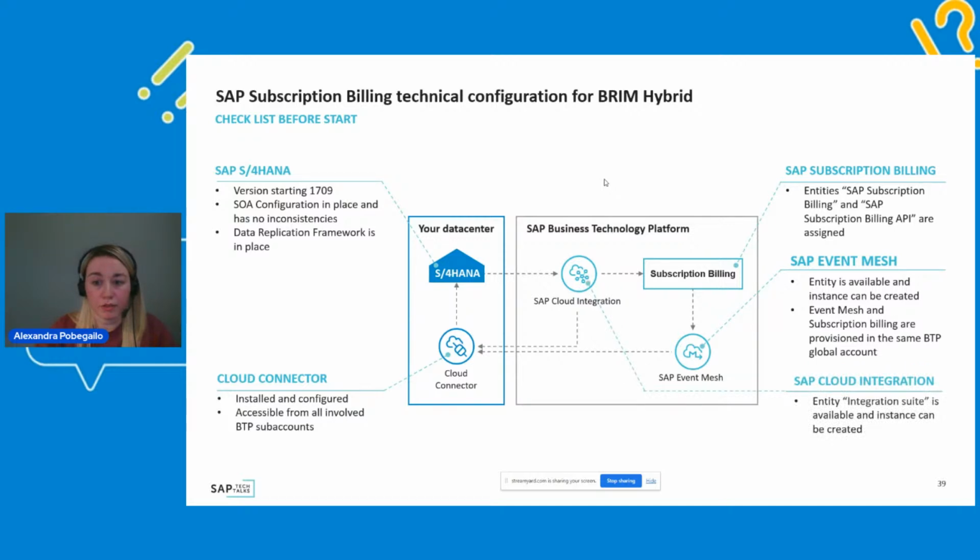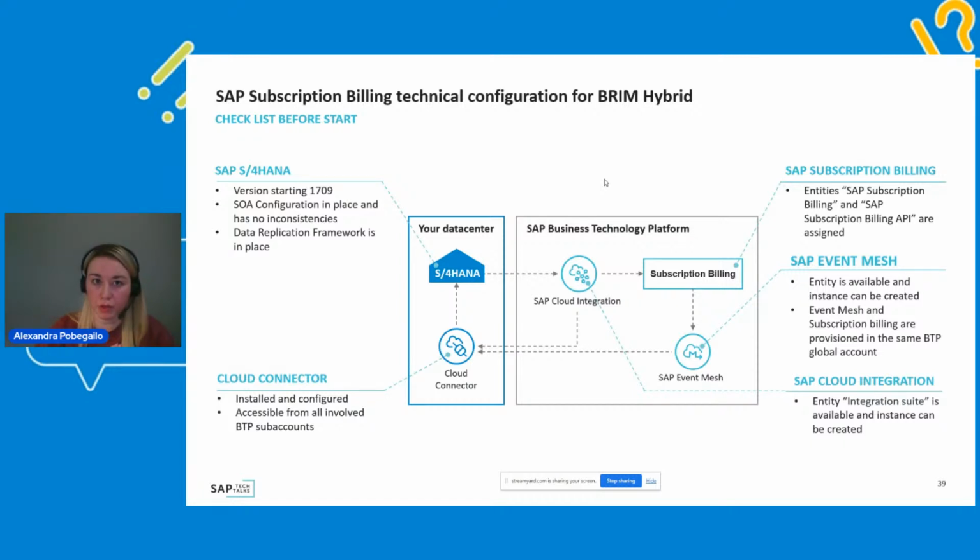And the SAP Cloud Integration: for this, you will need only the Integration Suite inside your BTP account, and probably that's it, nothing else. Regarding the Event Mesh and subscription billing, there is only one thing mentioned in the configuration guide, so don't lose it: Event Mesh and subscription billing are supposed to be in the same BTP global account.